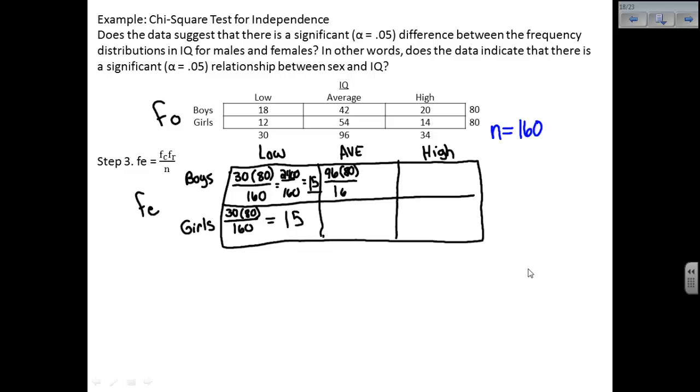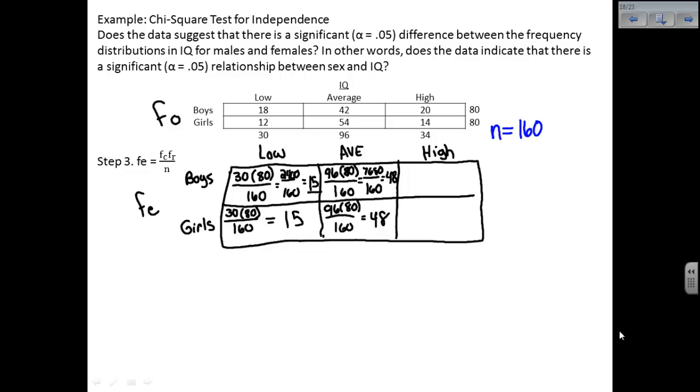Total sample of 160. 96 times 80 gives you 7,680. Divided by 160, and you end up with 48. Same thing here. Now keep in mind, you won't get the same thing for both groups if you have a different sample size for both groups.